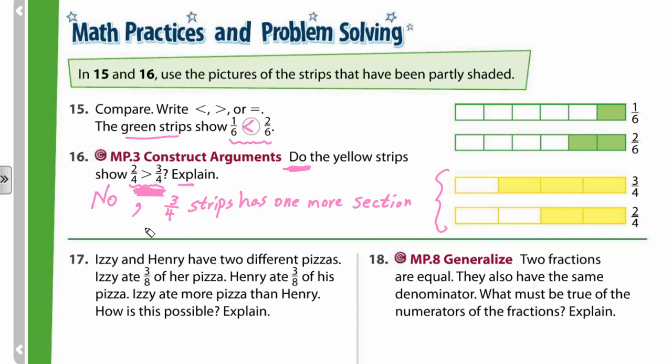It has one more section shaded. So as you said, 2/4 is less than, not greater than 3/4. Yes, my hero? Why did you write section? Oh, I mean by the sections, this one more section.